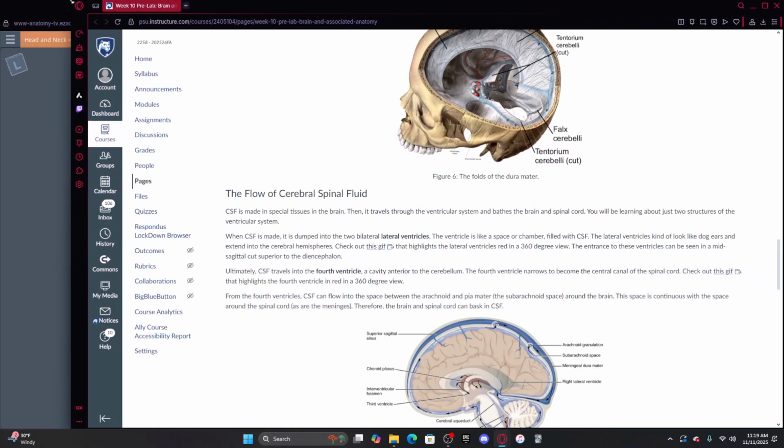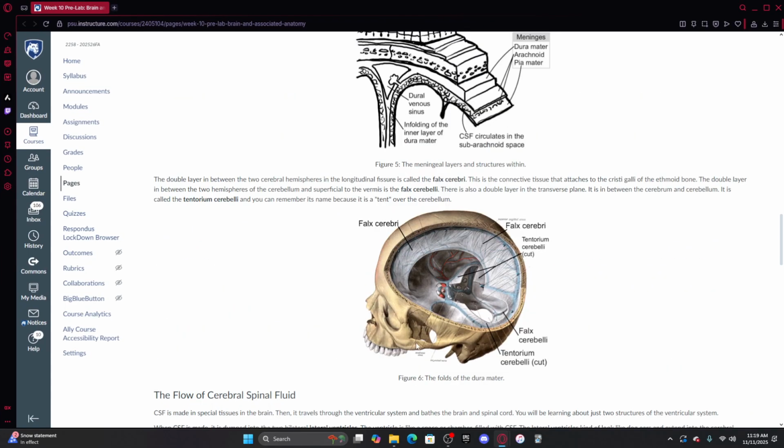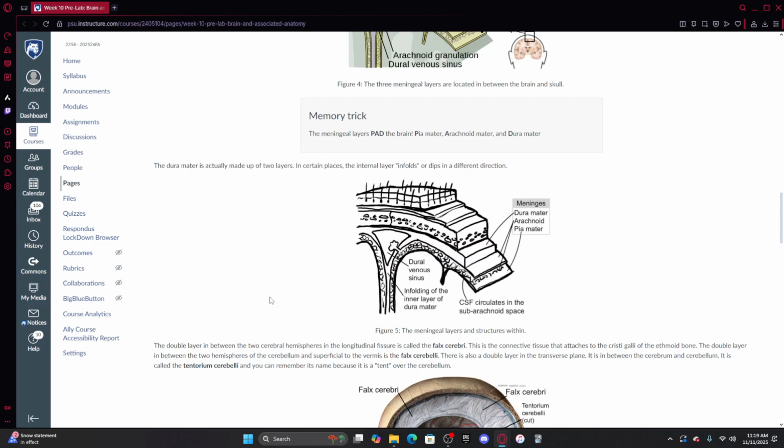Right, so this is a part of your pre-lab. I just want to show you this because Anatomy TV doesn't really show the dural venous sinuses very well or even at all. So I'm gonna show you, not the dural venous sinuses, sorry, the meninges.